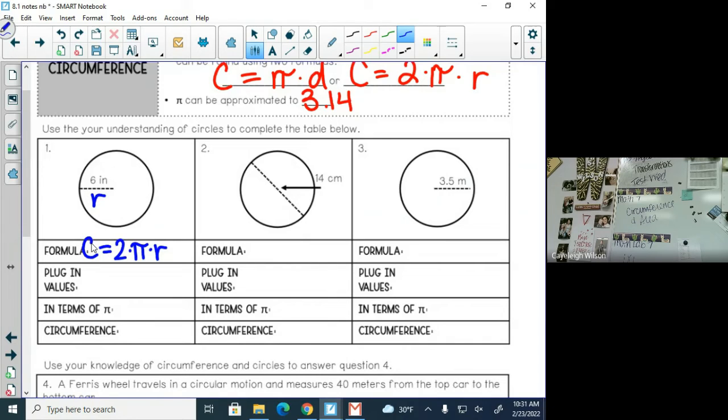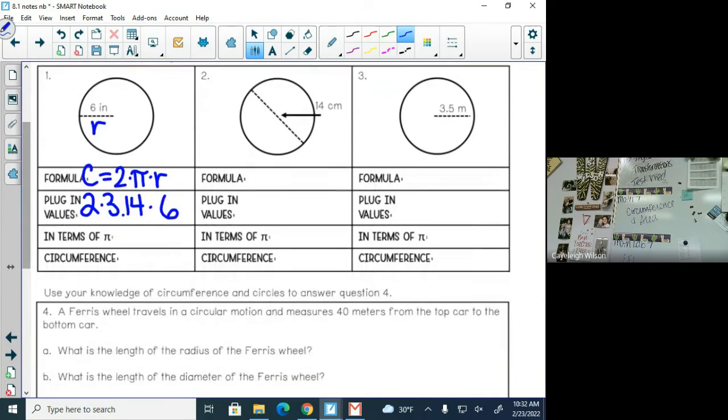So then I'm going to plug in the values. What did we say we're going to use pi as? 3.14. So I'm going to write 2 times 3.14 times the radius. What's the radius? 6. All right, so we're going to get our calculator. 2 times 3.14 times 6.